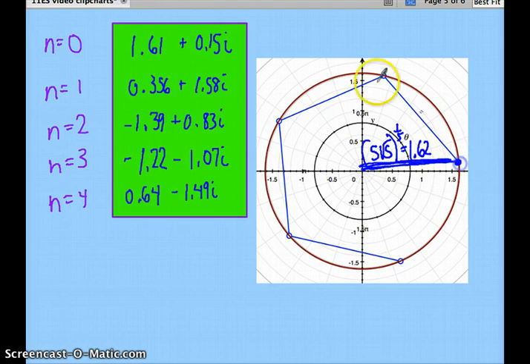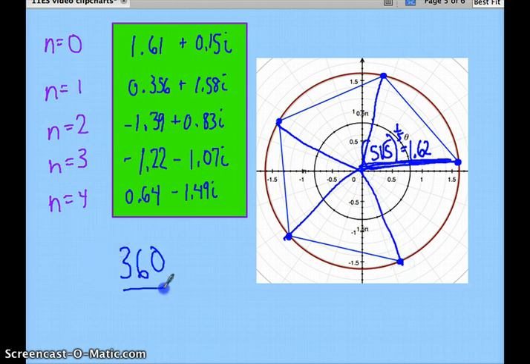Notice that these 5 points are evenly spaced out. You should easily be able to tell me the angle difference for each of these. And I hope that makes sense, right? 360 divided by 5 is 72 degrees.